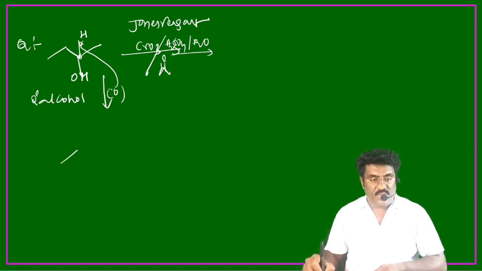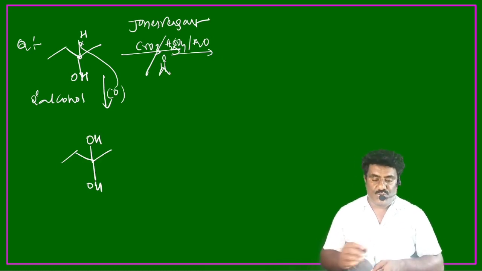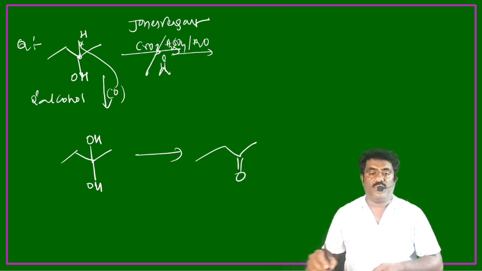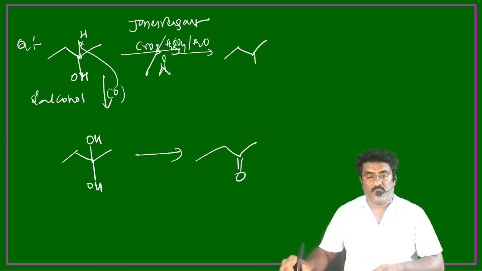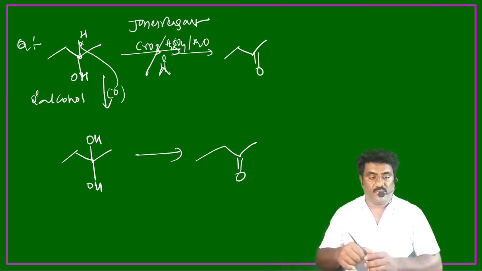It forms a carbon having two OH groups. It is unstable, so removal of water forms a ketone.